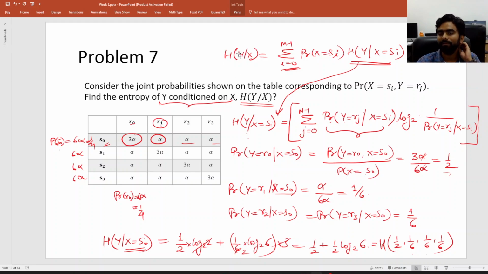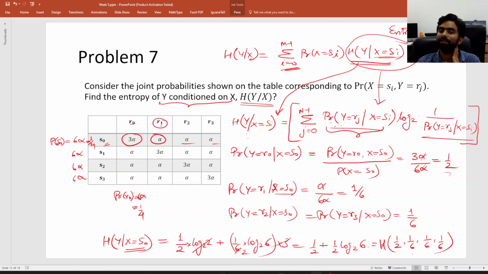So the main formula for the conditional entropy is the probability of x equal to si multiplied by the entropy. This is entropy, remember. In the previous formulas there was the log function, but here it is the entropy corresponding to each si. To calculate this, we have expanded this formula, where the probability is written here and also here.